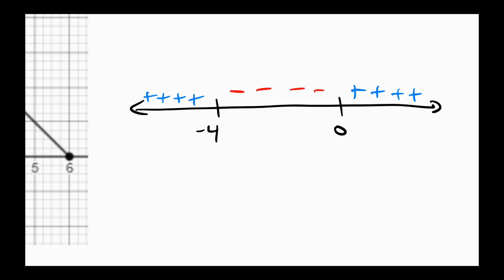So before -4, was it increasing or decreasing? Because the derivative was positive, right? So increasing from negative infinity to -4.